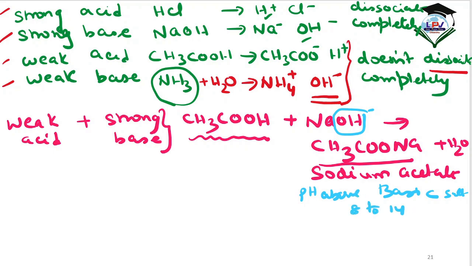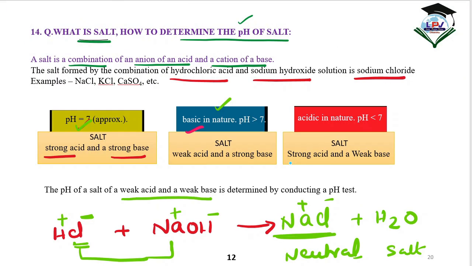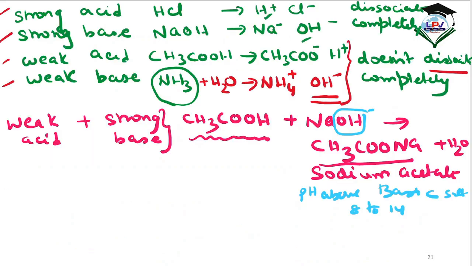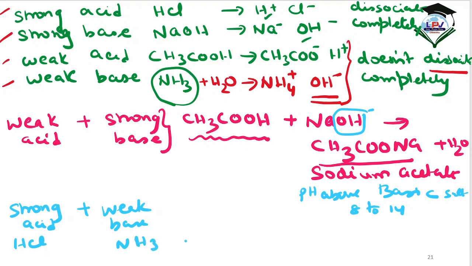Now let's see a strong acid and a weak base. Strong acid example is your HCl, and your weak base is NH3. The salt obtained is NH4 plus Cl minus.